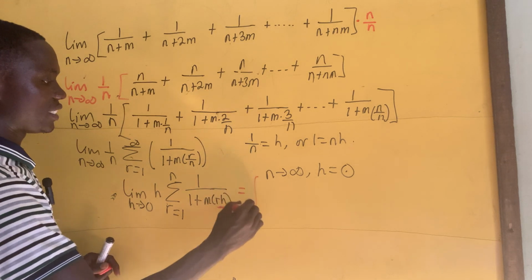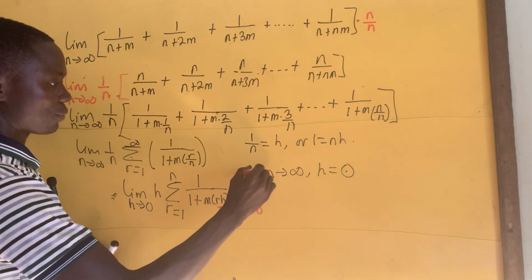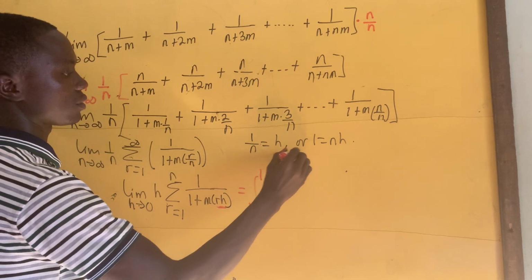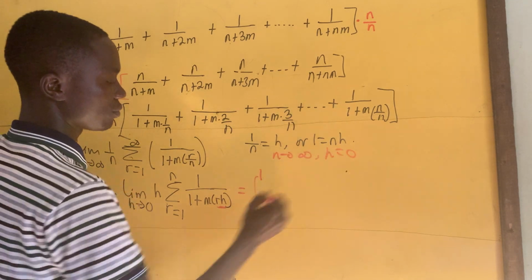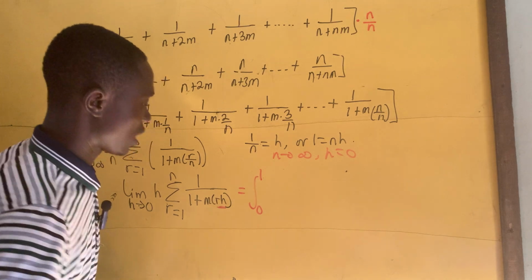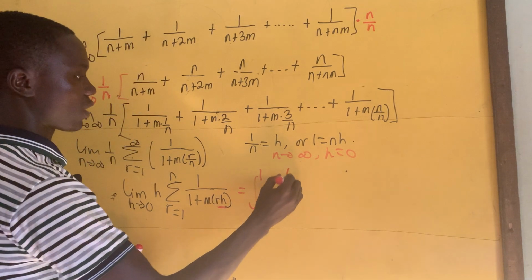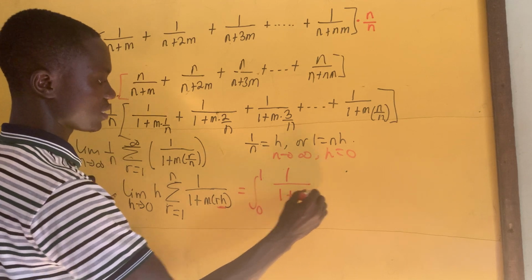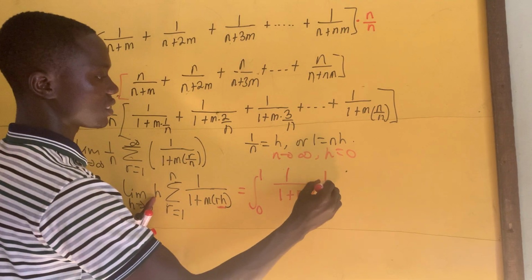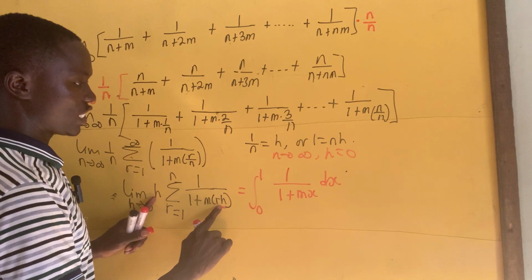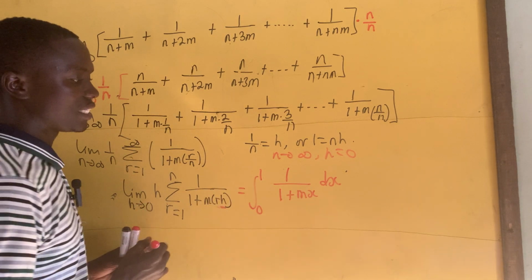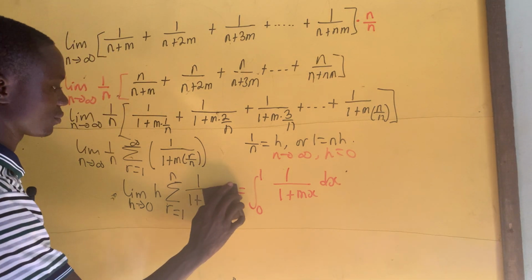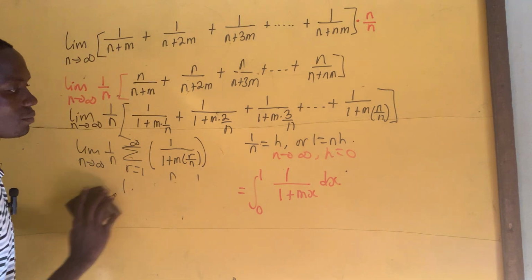This changes to the integral from 0 up to 1 of 1 divided by 1 plus mx dx. So we have this integral to integrate. No problem.